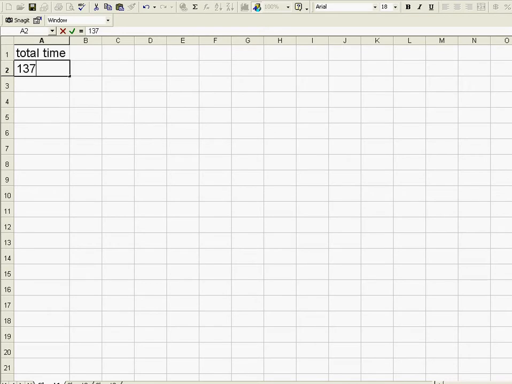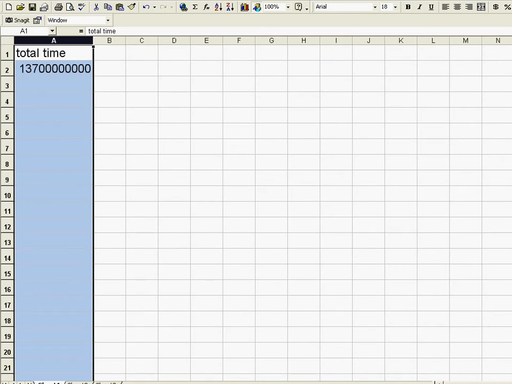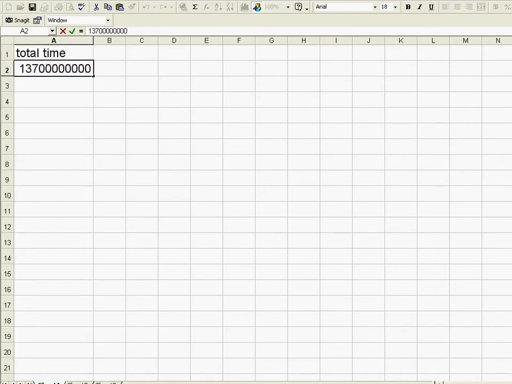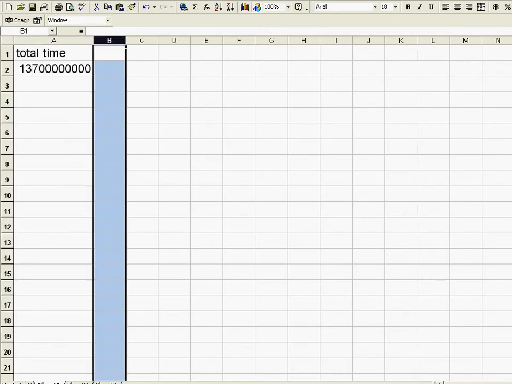So this would be 13,000, this is 13 million, and that's 13 billion. There are three zeros in 1,000, 6 zeros in a million, and 9 zeros in a billion. So it's 13.7 billion. All right, that's a long time.